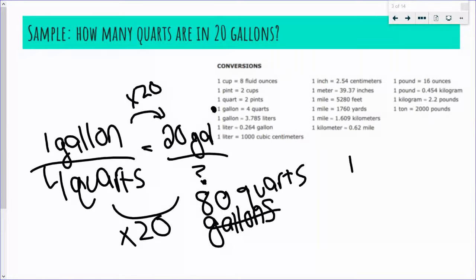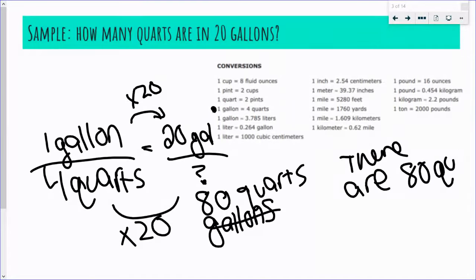So we would say there are 80 quarts in 20 gallons, and GAL is an abbreviation for gallon. Again, 1 gallon is equal to 4 quarts, 1 gallon times 20 would be 20 gallons, and 4 quarts times 20 would be 80 quarts.